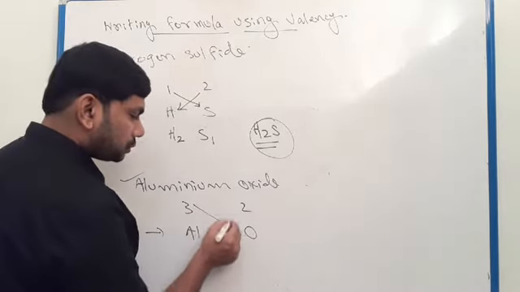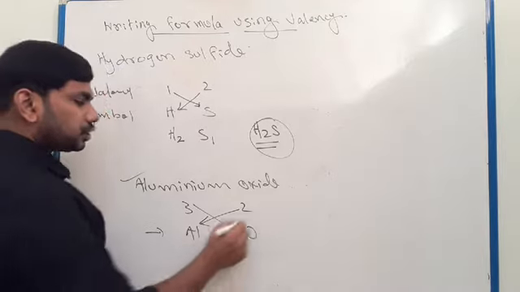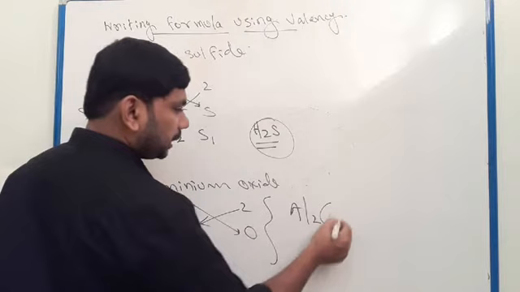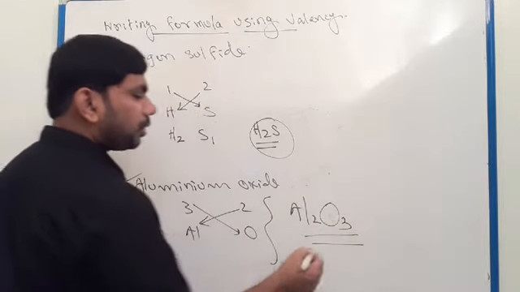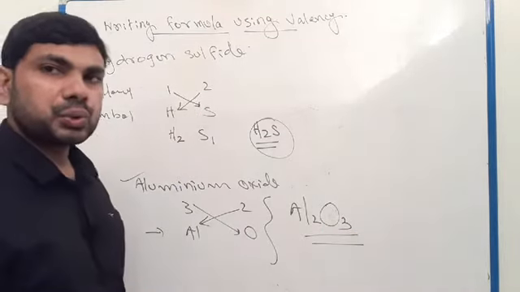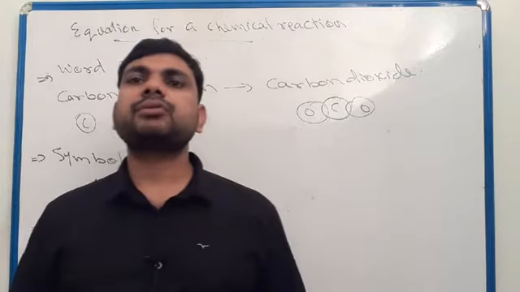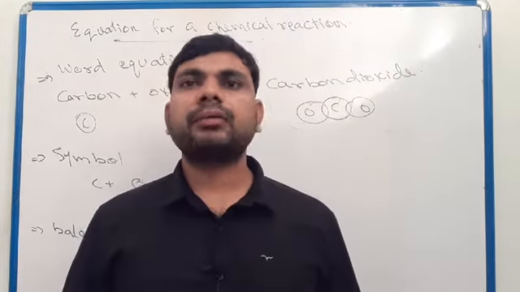So we have to do cross multiplication here. So it will be Al2O3. The formula of aluminium oxide will be Al2O3. Clear? Okay, next one we have to discuss here, equation for chemical reaction.